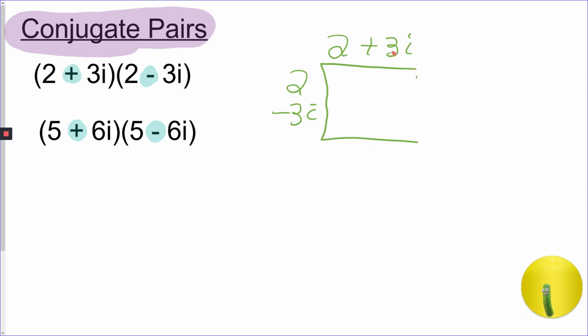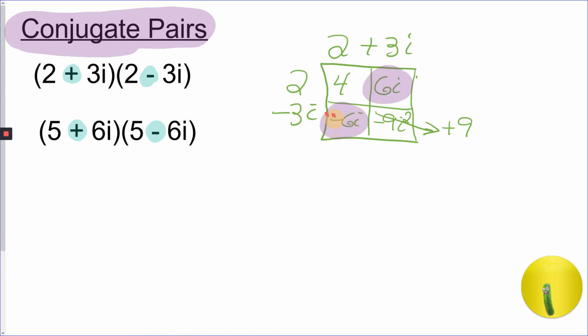I'm going to use my box method, draw it up. Come on, box. Come on, pen. That's right. So we got 2 times 2 is 4. And over here we're going to have 6i and minus 6i. So check that out. And then we're going to have minus 9i squared, right? So this is positive 9. But check out what happens in conjugate pairs.